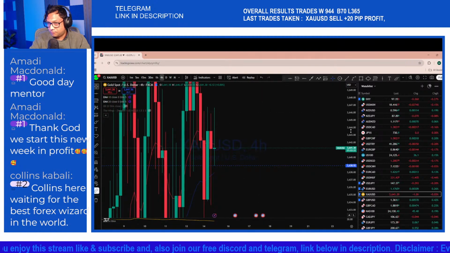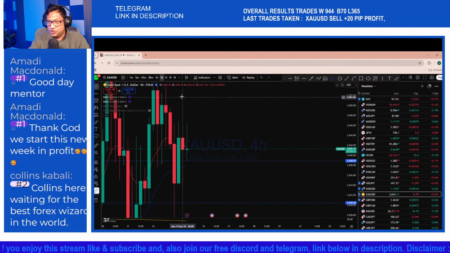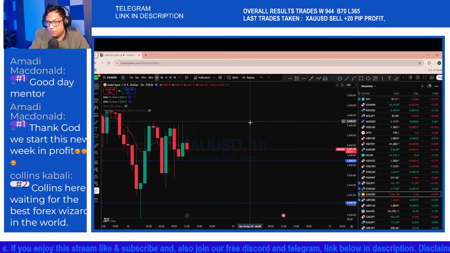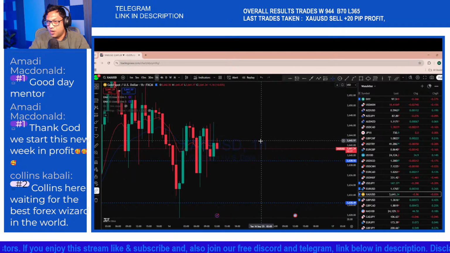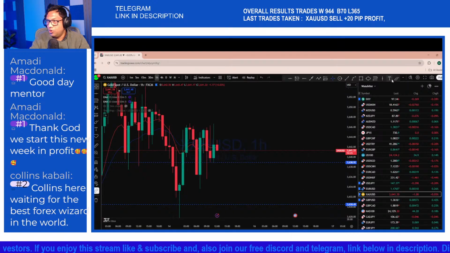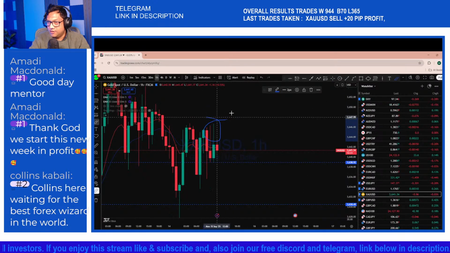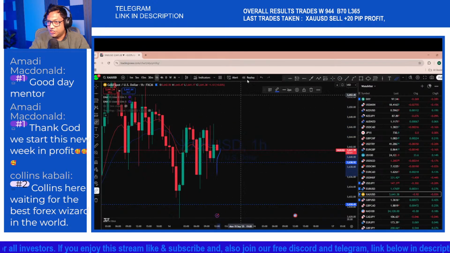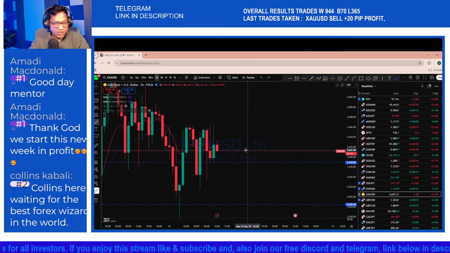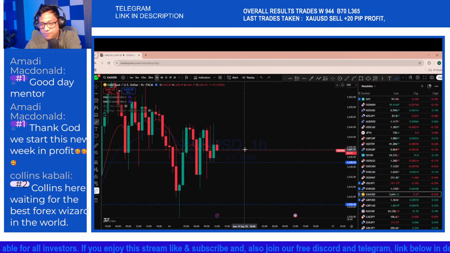And with the break of this low, from the 1-hour perspective you can see quite a few long wick rejections, and now the market is pushing the price back below here.